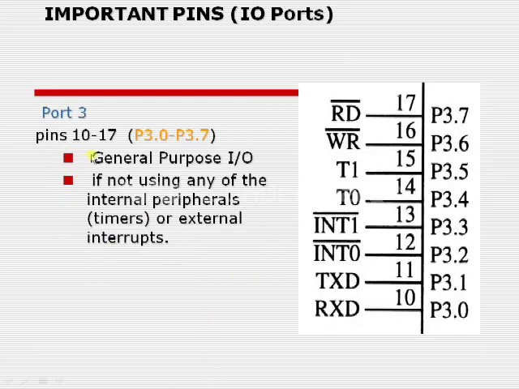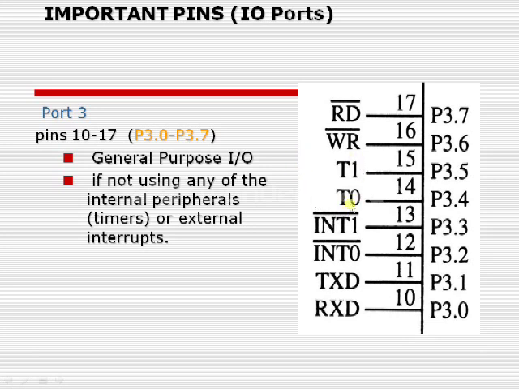Next we have port 3. It again has 8 pins, P3.0 to 3.7, and apart from input output functionality, it provides some special functions like RxD, TxD, which are mainly used in serial communication, so we'll discuss it later. Then INT 0 bar and INT 1 bar, these are active low interrupt pins, and we'll discuss them during interrupts.